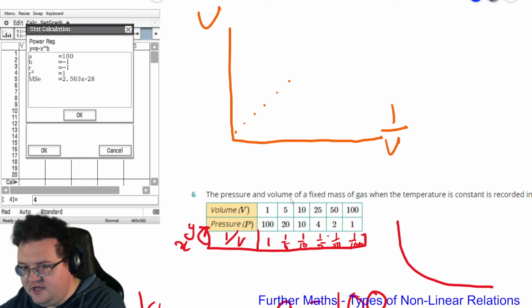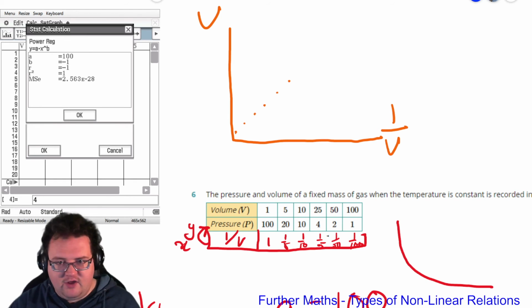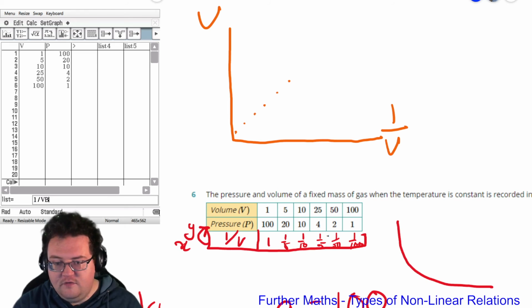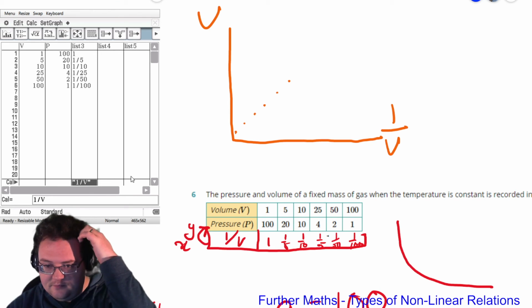Now, obviously, I'm just elaborating there, but if you were to put it together very carefully, our CAS can also do that. So in list 3, I'm going to change it to 1 on V. Let's look at this. Sorry, I'm going to go down to here to calc 1 on V. So it's done it for me.